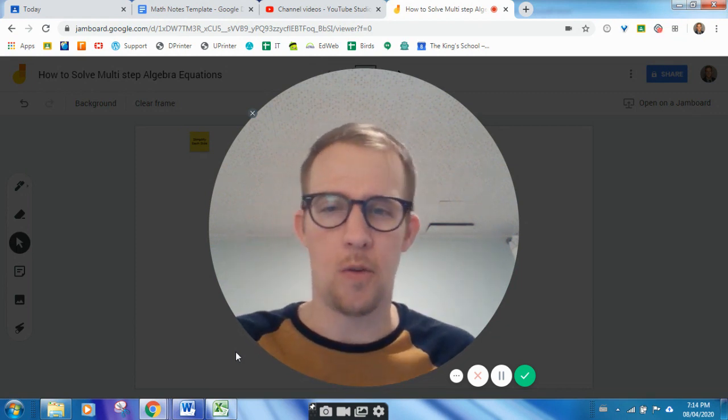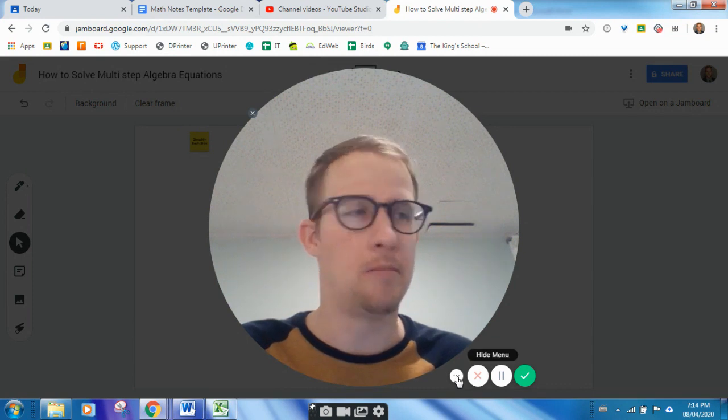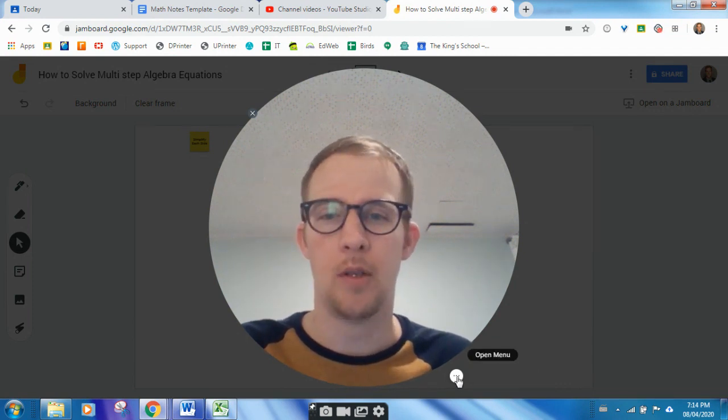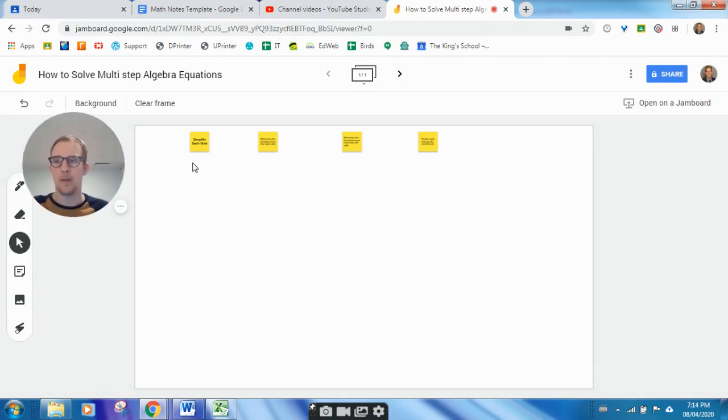Okay, so we're going to go through it. There are four steps to solving a multi-step equation. All right, so I'm going to just minimize this a little bit. The first step that I wanted to show you guys is to simplify each side. If you're able to combine like terms, then you should do so.